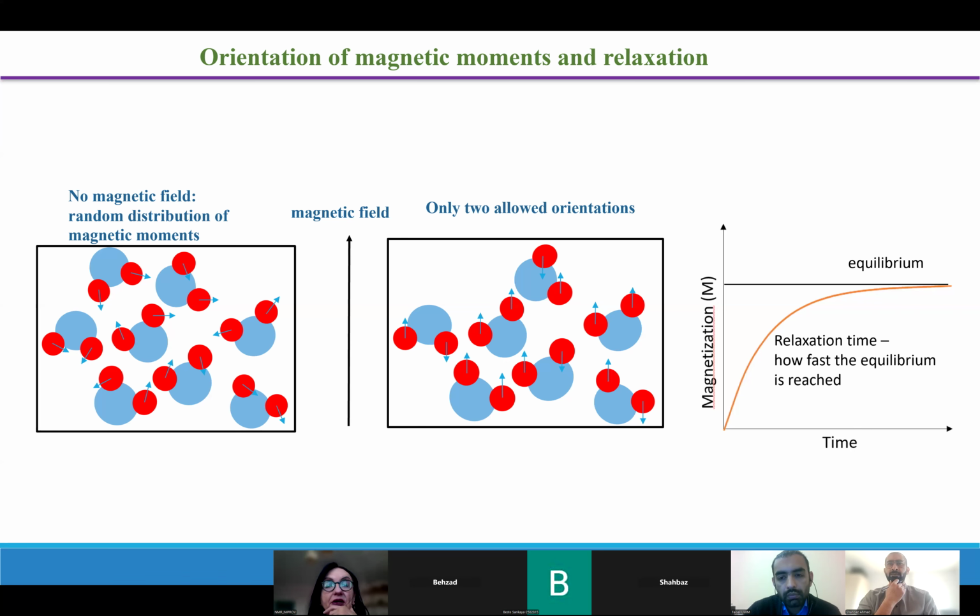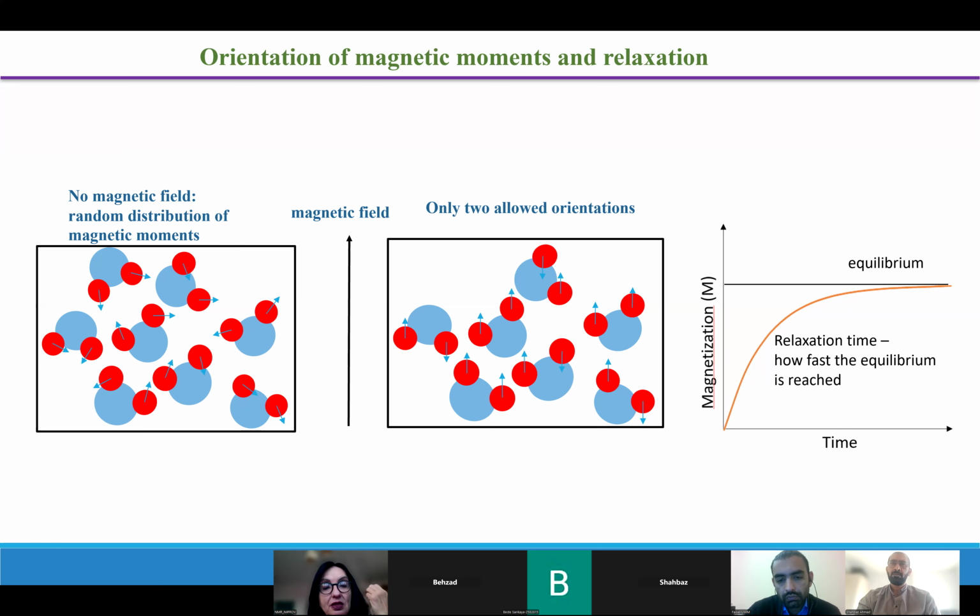Then imagine that there is no magnetic field, like in the beginning, and then I apply a magnetic field. It is, of course, obvious that a higher magnetic field means a larger energy difference between those two states. It's comparable to the situation that everybody can see it, but there are better and worse seats, yeah? More comfortable and less comfortable.